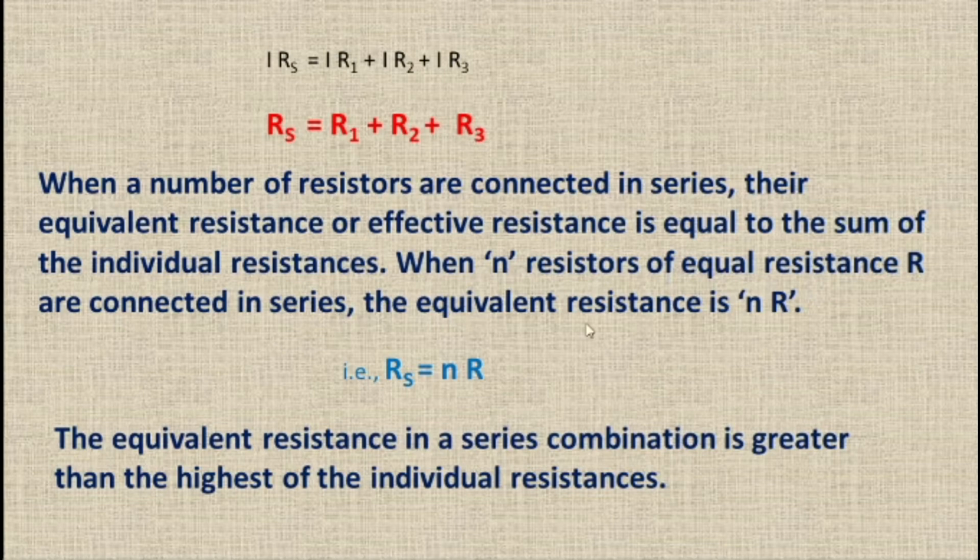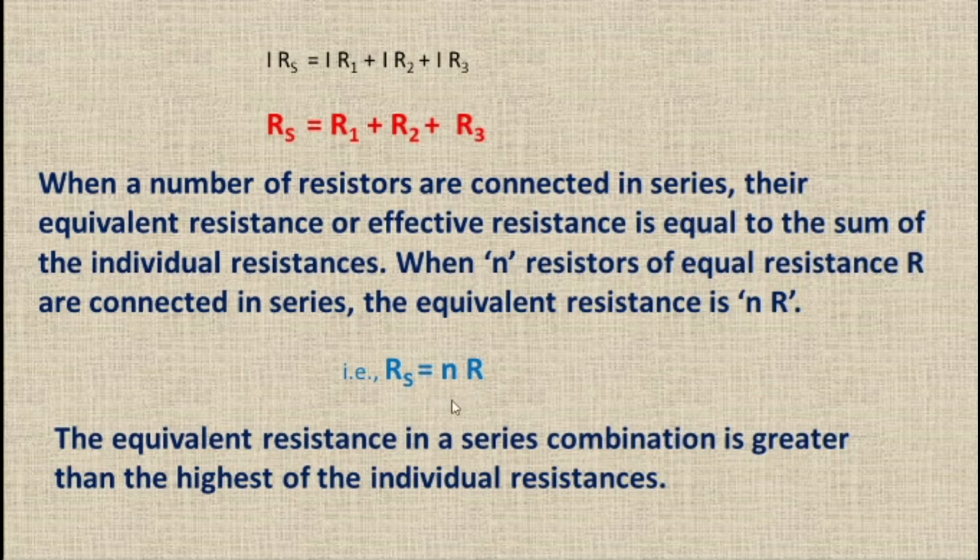The equivalent resistance is nR. Small n indicates the number of resistors, and R is the resistance value. RS equals R1 plus R2 plus R3 plus and so on up to Rn, so RS equals n into R. This is a very important equation.